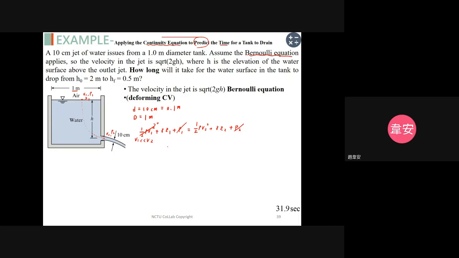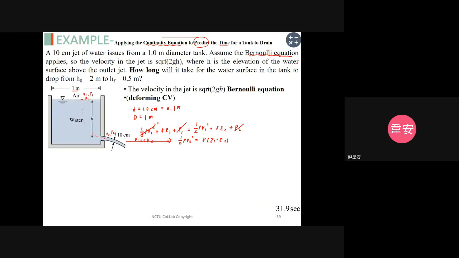So we just balance the equation. We know that 1/2 rho V2 squared is equal to gamma times Z1 minus Z2.